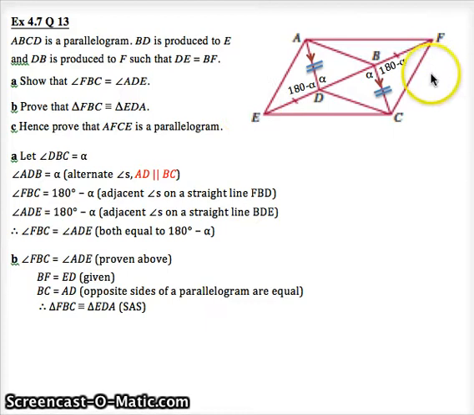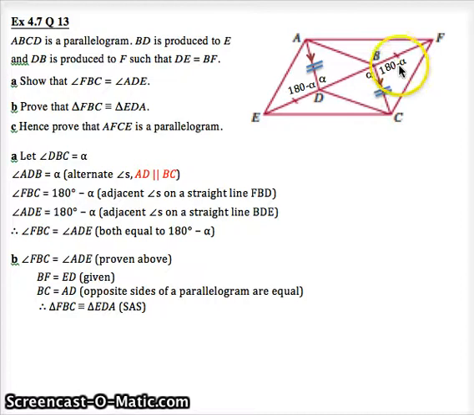One of the tests for a parallelogram is that if one pair of opposite sides are equal in length and also parallel, then it is a parallelogram. Because these two triangles are congruent, we know that AE equals FC. So that shows that we have one pair of opposite sides equal.